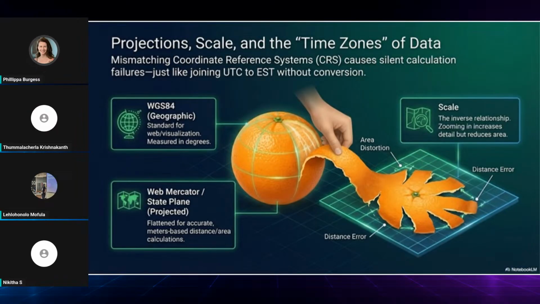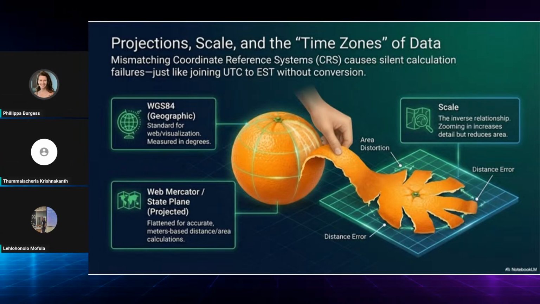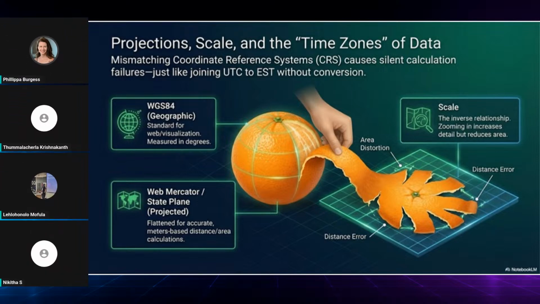The big thing that sets anything I'd call GIS or spatial data apart is the fact that we live not on a sphere, we live on a bumpy ellipsoid, and that requires measurement and obviously topography. We have peaks and valleys and oceans and all of the things that make our world unique in its shape. So we want to think about how we take a roundish globe and project it on a flat surface. The reality is when you do that, you're always going to have distortion, and you get to choose your distortion.